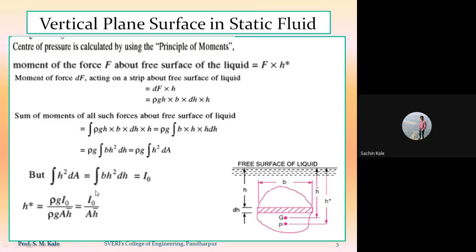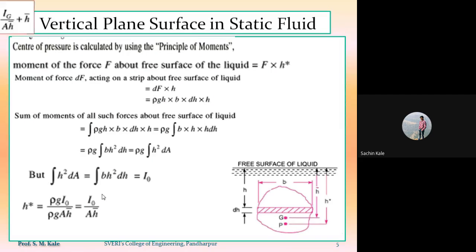Here again I can use the parallel axis theorem. I0 is the moment of inertia, and according to the parallel axis theorem, I0 is equal to Ig plus A h bar square.